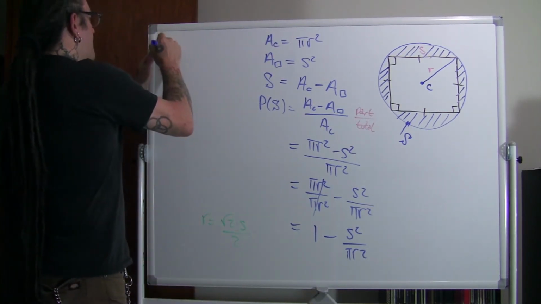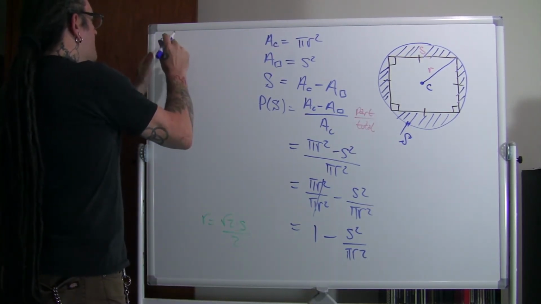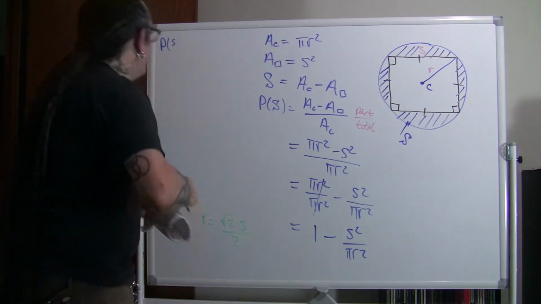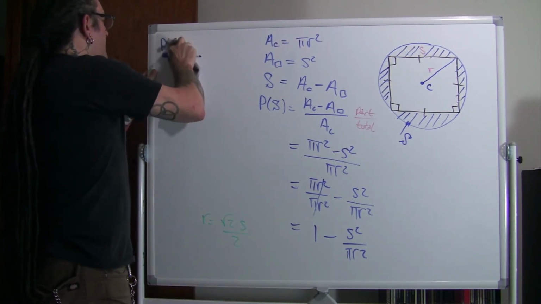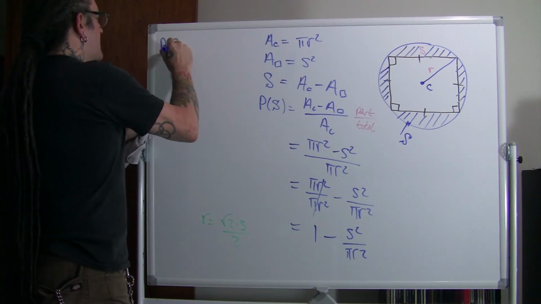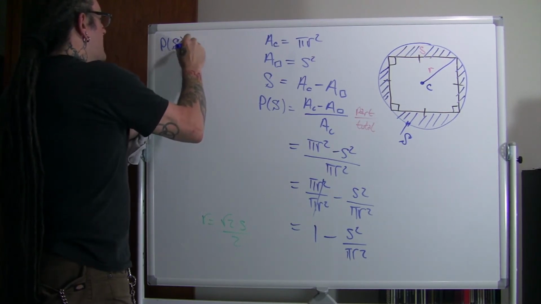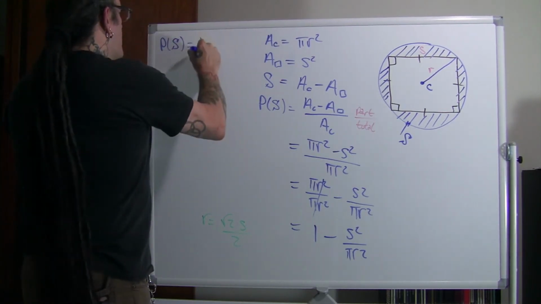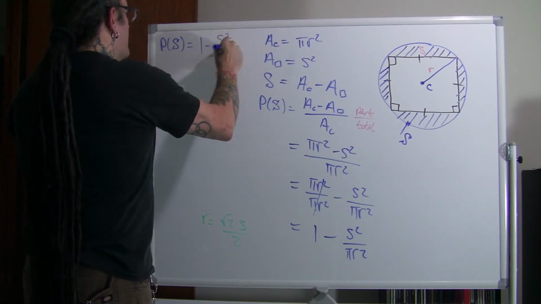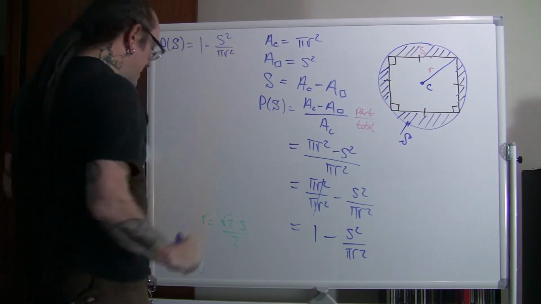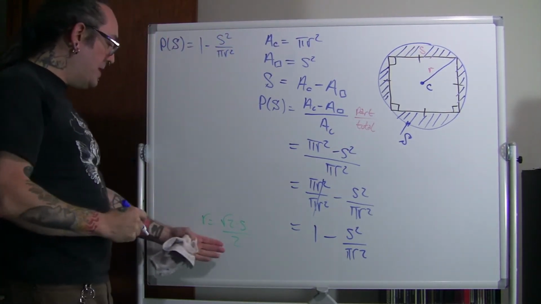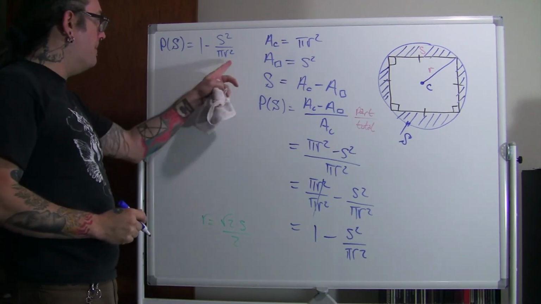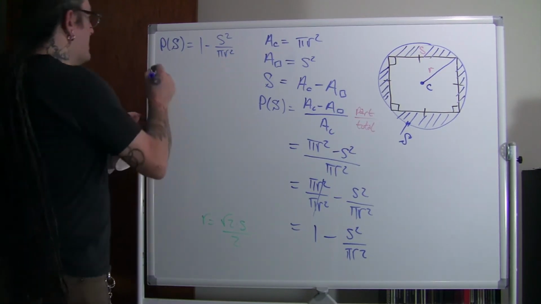So again, my probability of getting it in the big, capital S, the shaded region, is 1 minus s squared over pi r squared. And now is the part where I have to put this in for r. All right, let's do it.